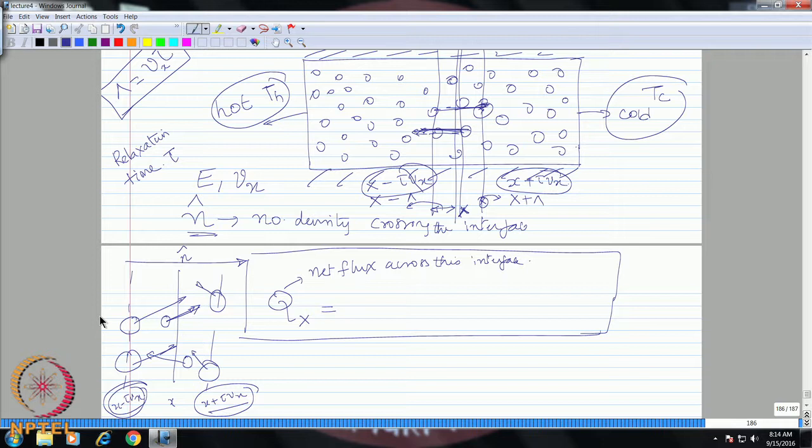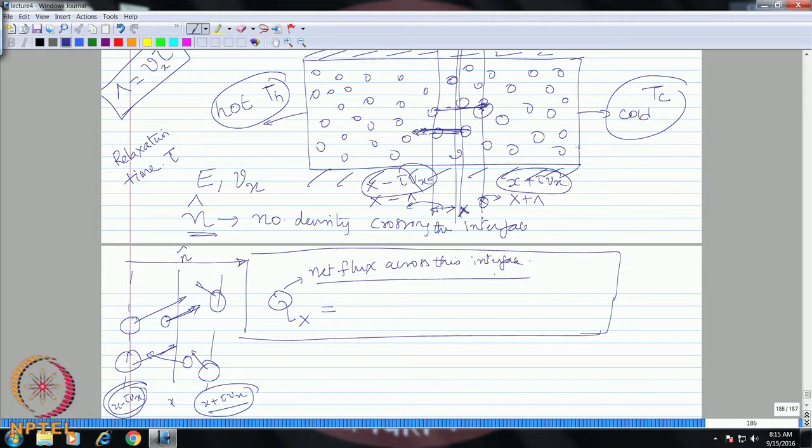So, therefore, you have contribution of molecules from the hot side which are moving towards the interface, and also from the cold side which are moving towards the interface. But what we need is that the net flux of heat should be transferred from the left to the right in the end. Okay. So, therefore, based on this we can say that the net flux across this particular interface at x will be half of the number density of molecules, okay, which are actually located at x minus tau Vx.